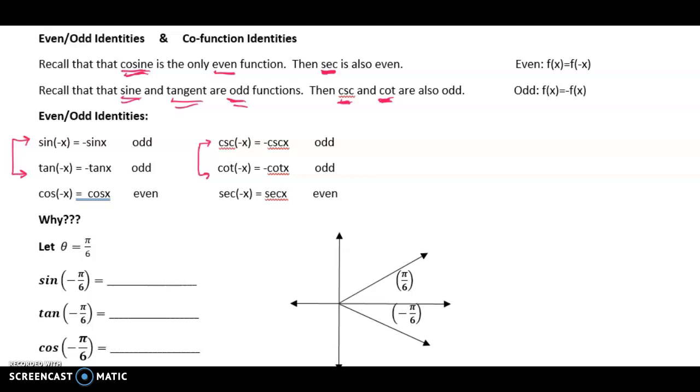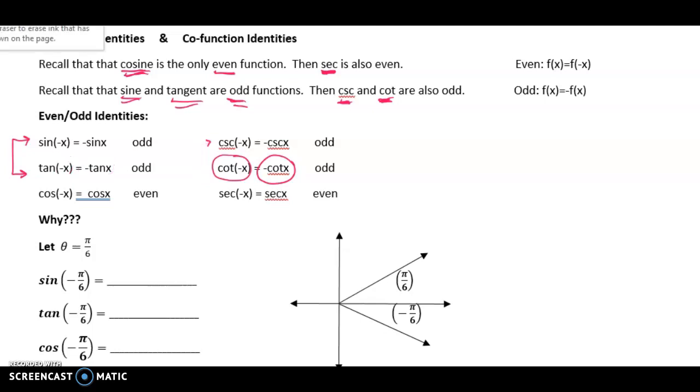So if you're taking the tangent of a negative angle, it is equal to taking the negative tangent of the positive angle. In other words, you're just going to bring the negative out in front. And same thing with cotangent negative x. It's equal to negative cotangent of positive x.